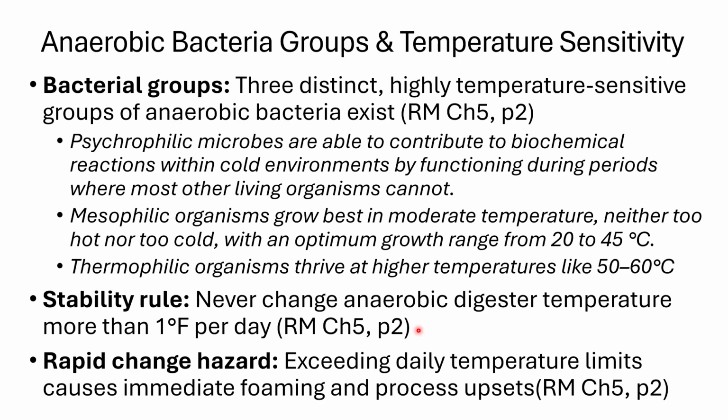If you let it change more than one degree Fahrenheit per day, you're going to have issues. You're going to cause a digester upset that we'll talk about later. That's the rule of thumb. It's a real easy number to remember, 1 degree Fahrenheit per day.